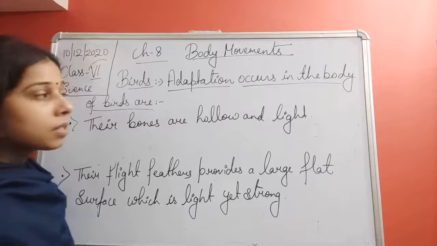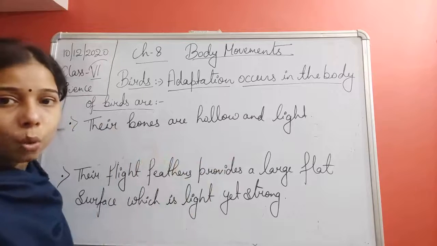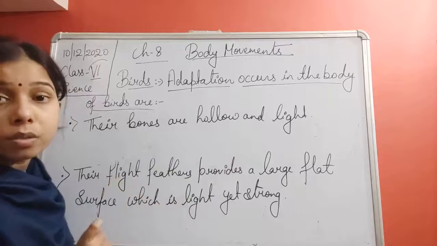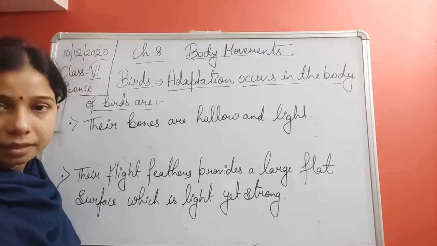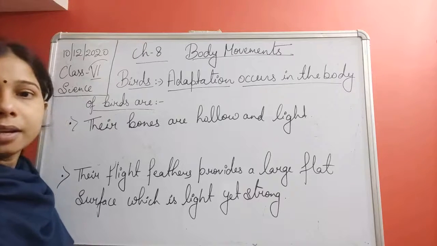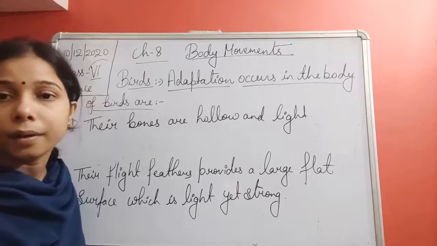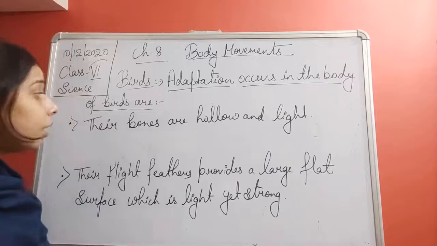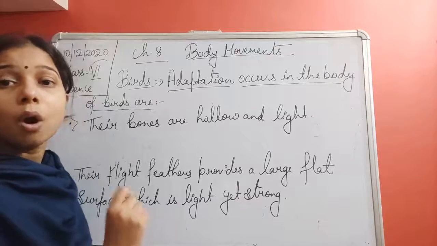But here, since they have hollow bones, they have space inside their bones, and that is why it makes their bones light. If the bones are light, it is very easy for the bird to carry its body in the air. So the third and very important point is that the bones of birds are hollow.